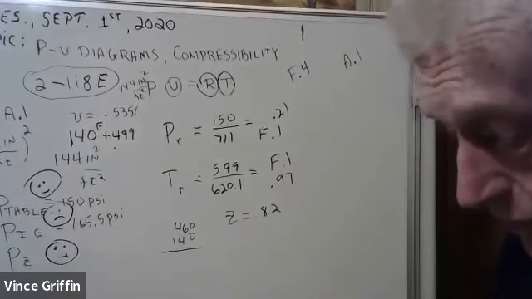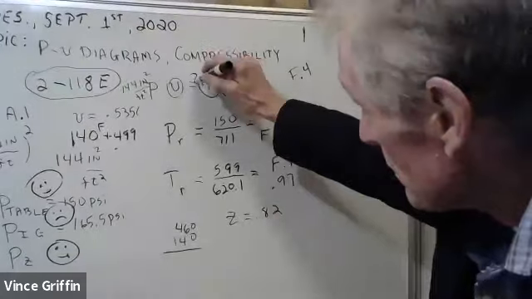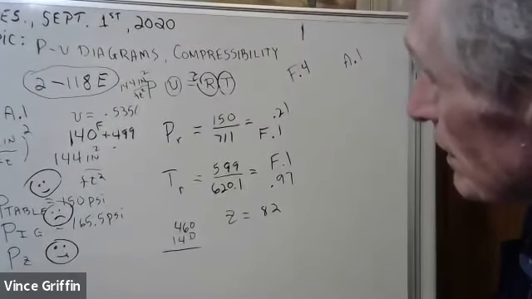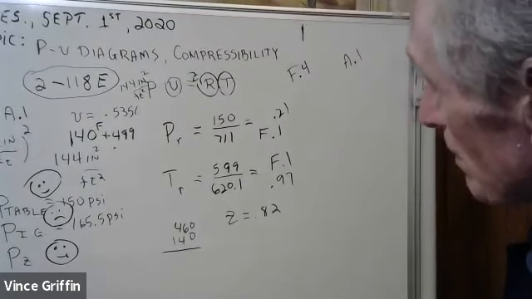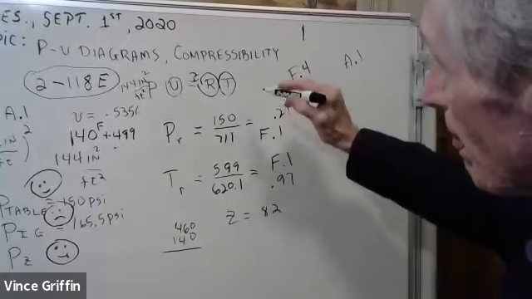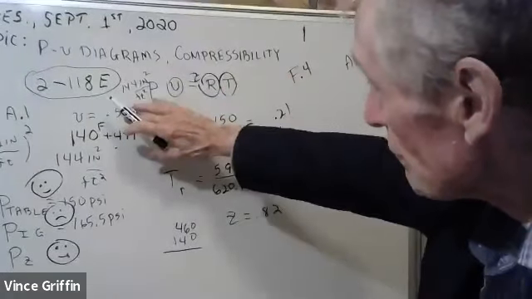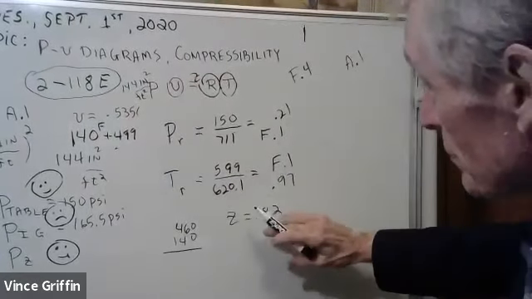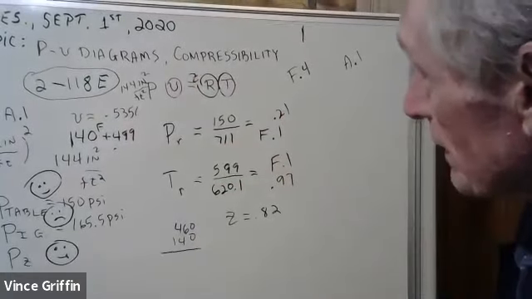So when you go to figure the PV equals ZRT, you'll discover that the P you're trying to solve for is going to be 0.82 times what we got. Now, what did we get?